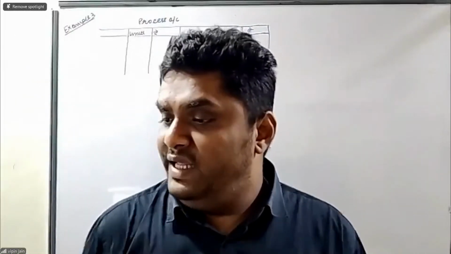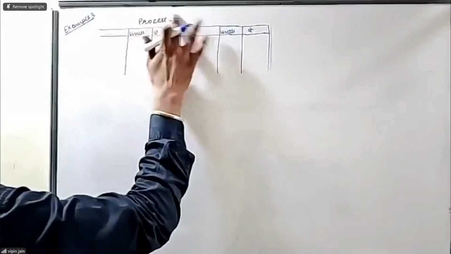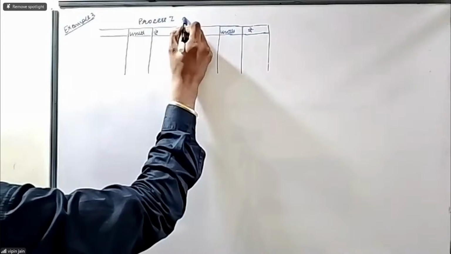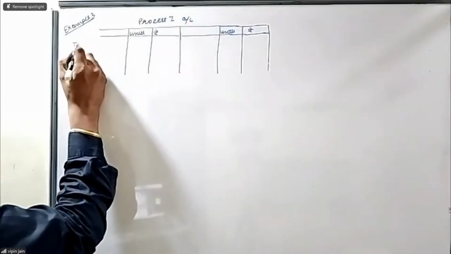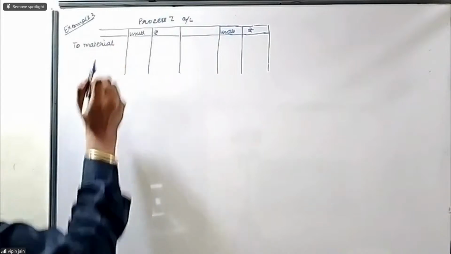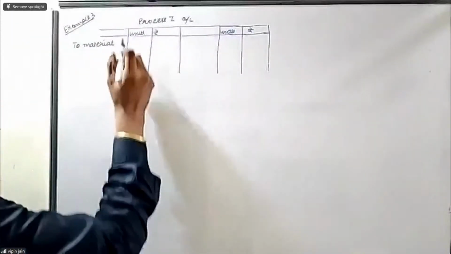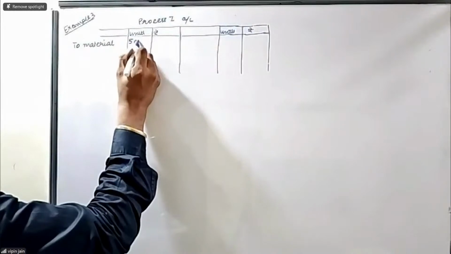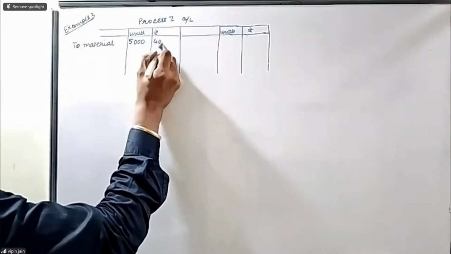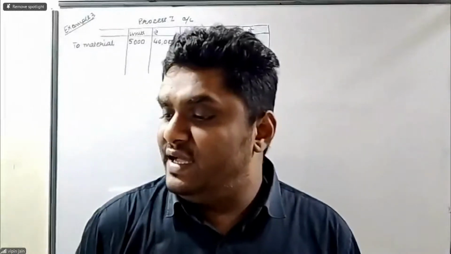See, material is 5,000 units. And the value is 40,000. The wages are 30,000.